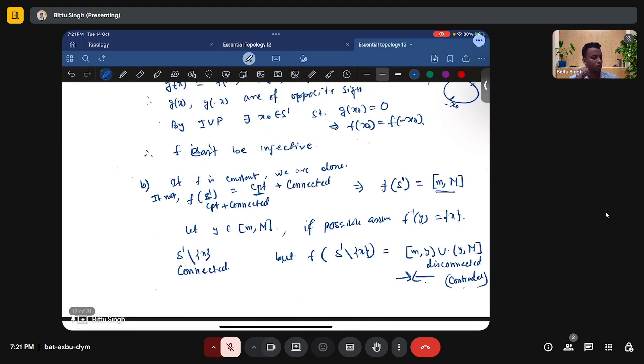Therefore there are at least two distinct points which map to y, and this is true for all y.